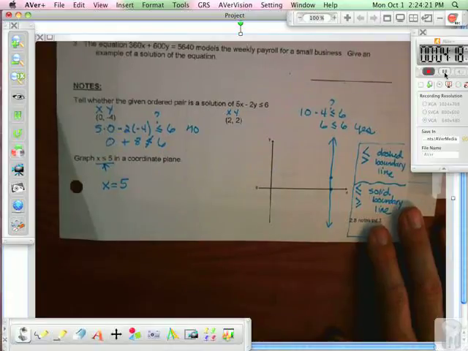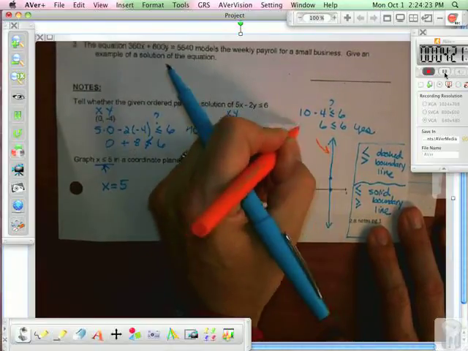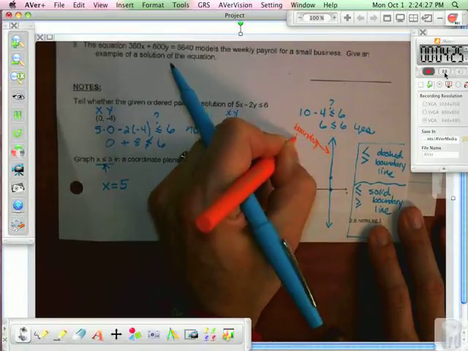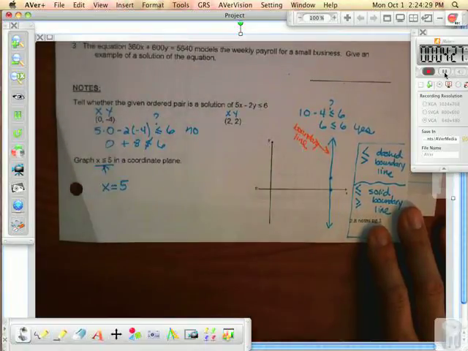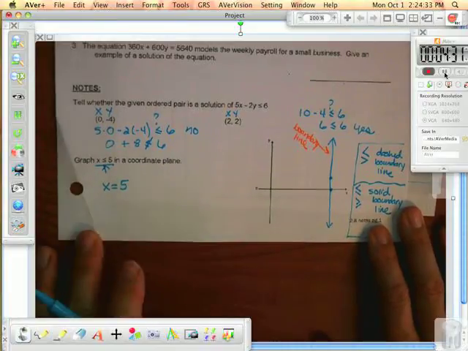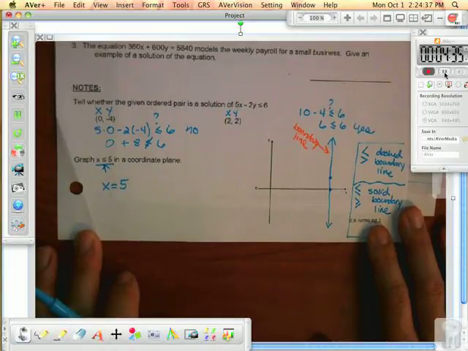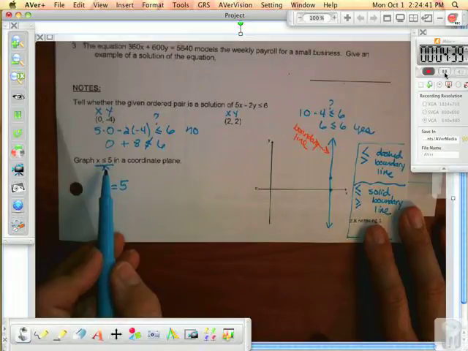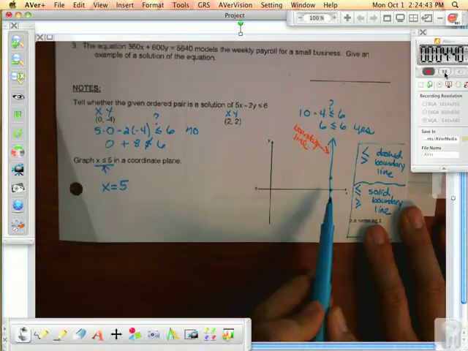This is a boundary line. That's what they mean when they say boundary line. It could be solid or it could be dashed. Now we have to decide what half plane to shade. This is an easy one because it says all my x values are less than or equal to 5. So is that going to be this side or this side?